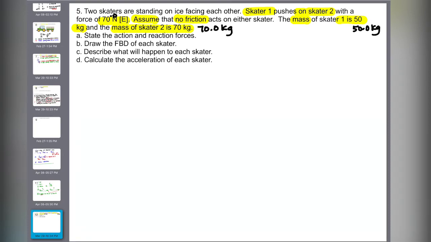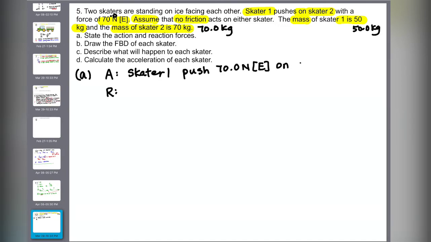Okay, so state the action and reaction force. Part A asks for what is the action and what is the reaction force. The action force is skater 1 pushes on skater 2. So skater 1 pushes 70 Newton east on skater 2.